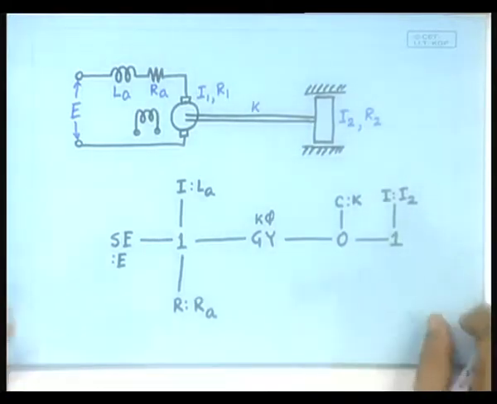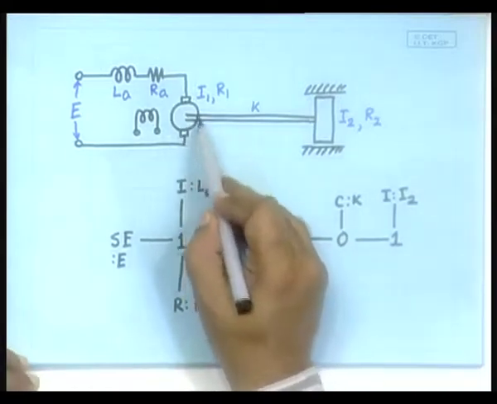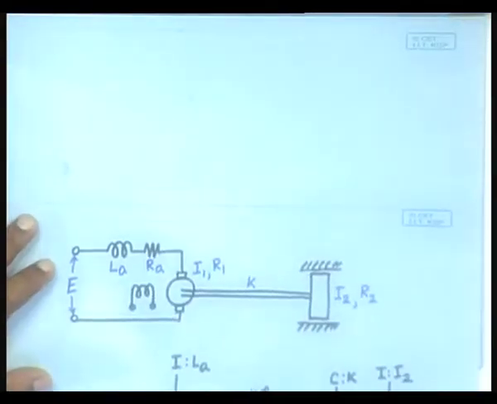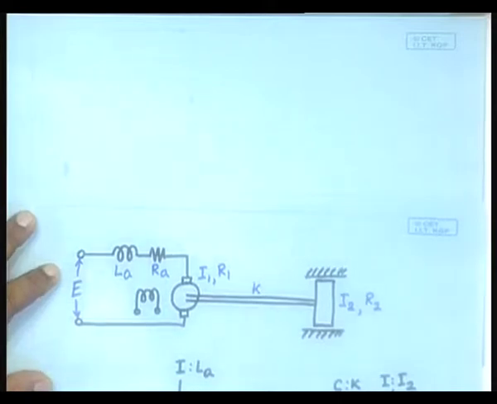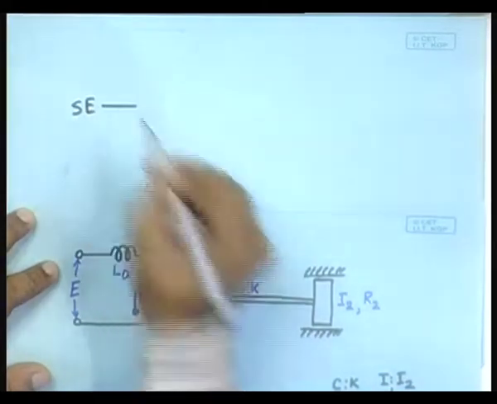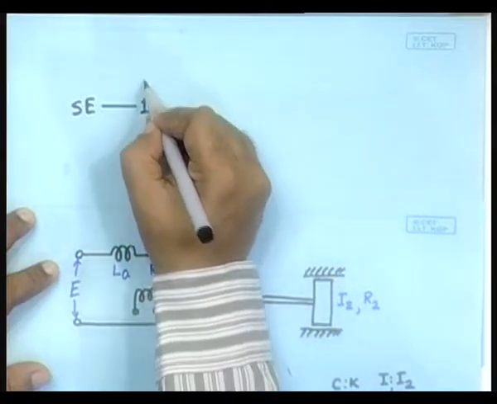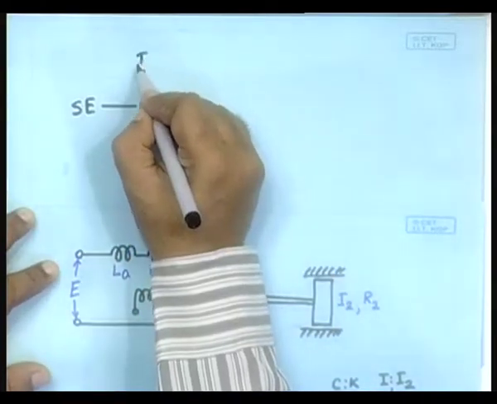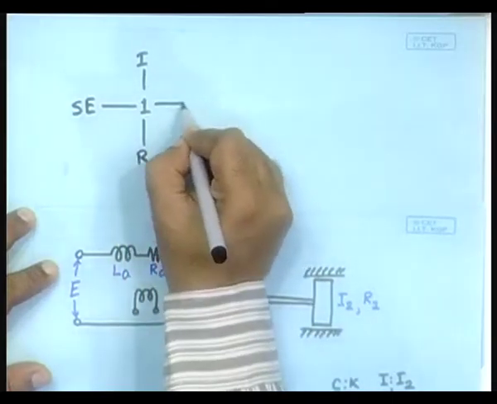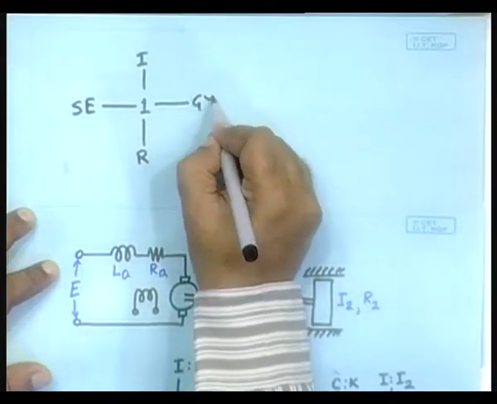Oh, we have missed, sorry, this point we have missed. No, then just let me do that once again. We will have this picture here and we will do that. SE connected to a one junction, connected to an I, connected to an R, connected to gyrator.